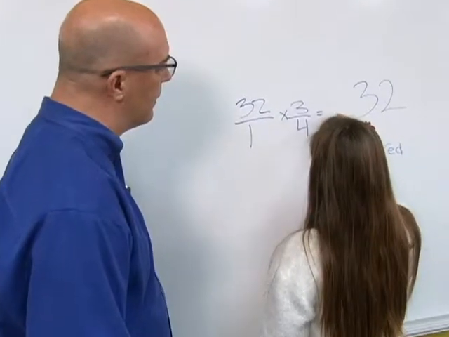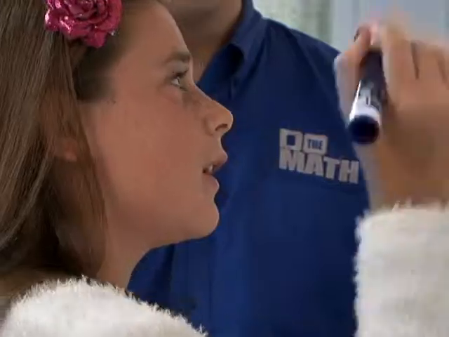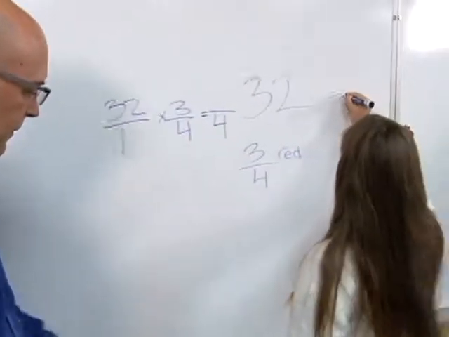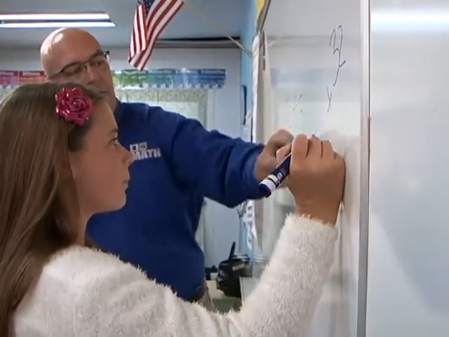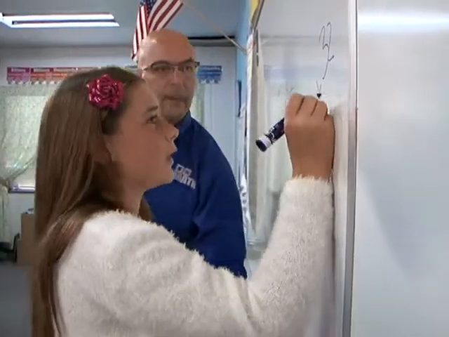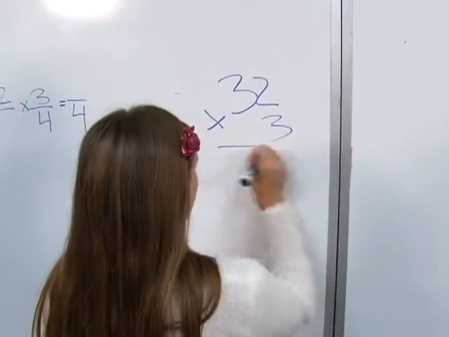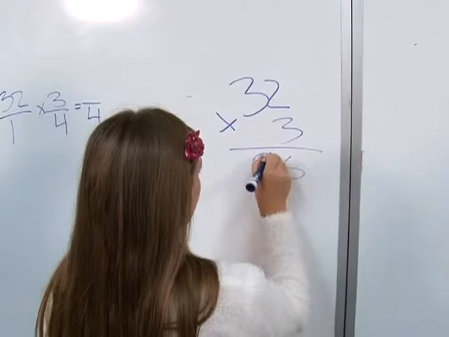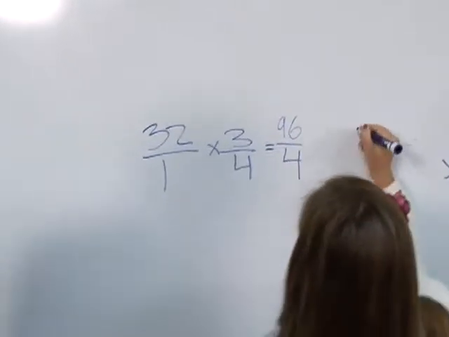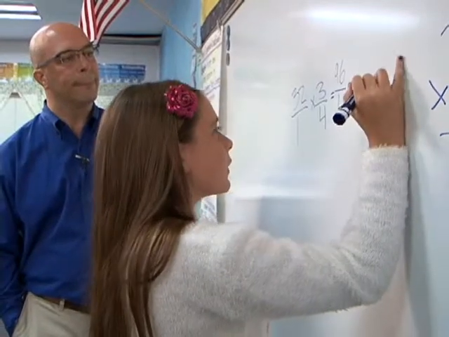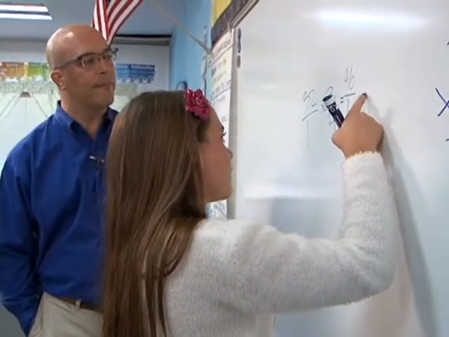And then you'd keep the denominator the same. And then you'd do 32 times 3 is 96, and then 96 over 4. And then you'd change that to a mixed number.